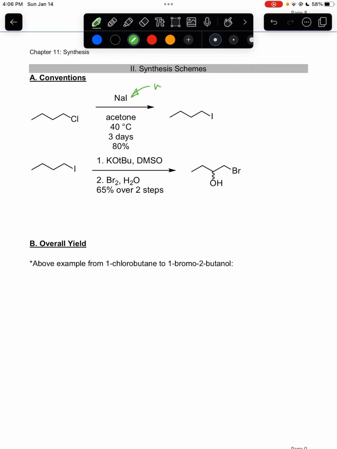And here's some. This is the reagent. We said this is the starting material. And the product. And that's probably not surprising. And these are sort of the reaction conditions.